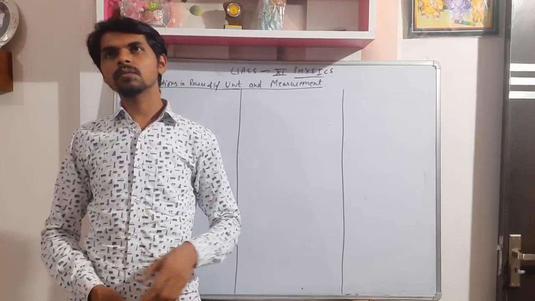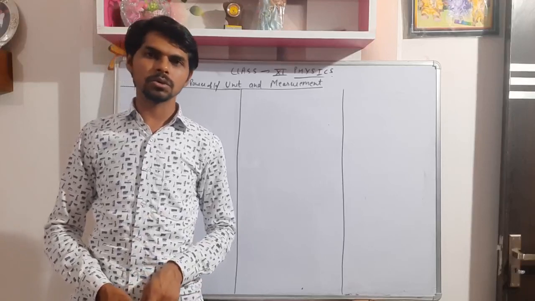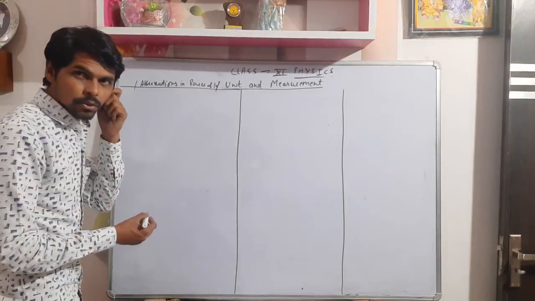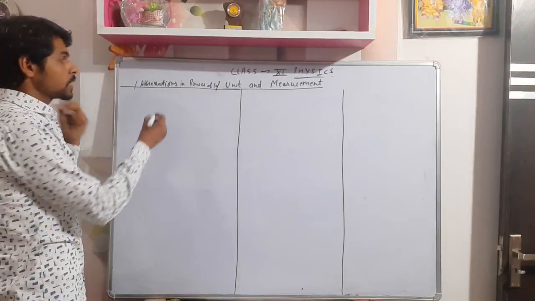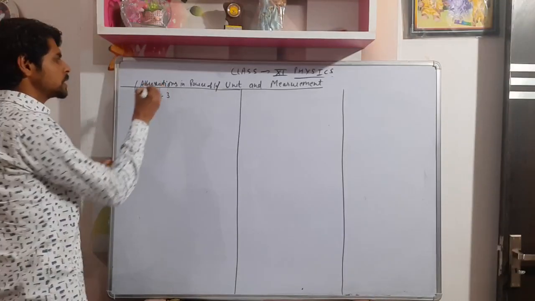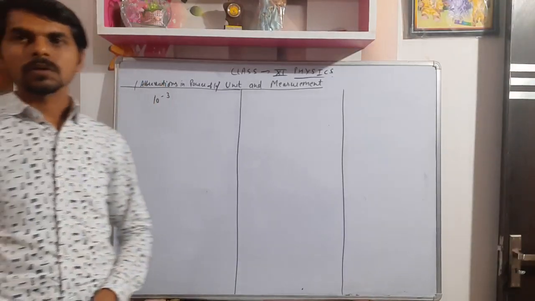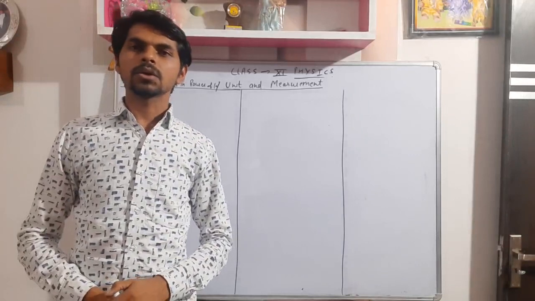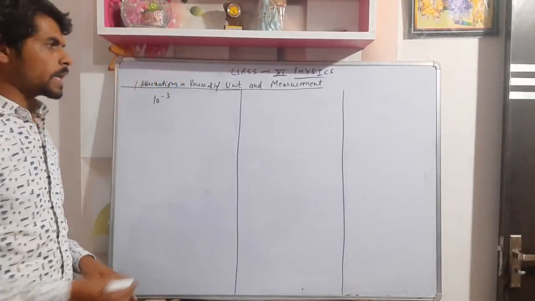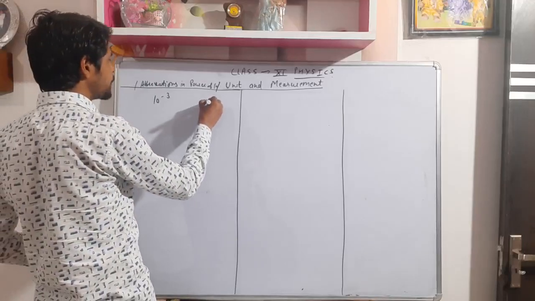Okay, some of the common terms we are going to use here. First of all, if in any numerical value 10 to the power minus 3 is given, that is called milli.